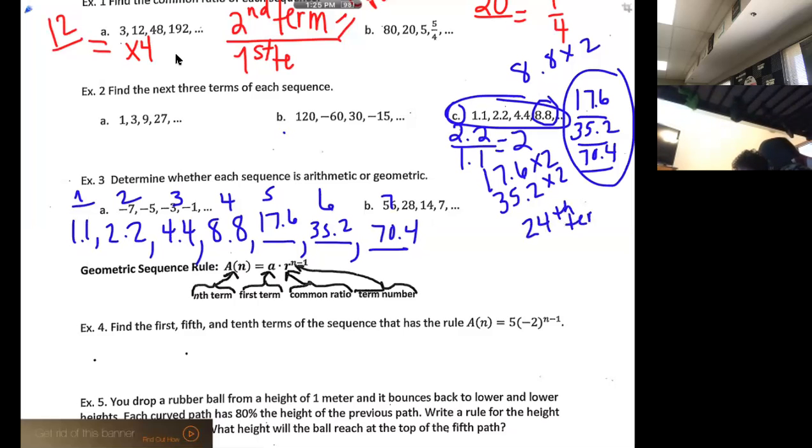You have to use a formula. Well, we could keep multiplying by 2 over and over and over again, but there's got to be an easier way. There is. It's called the formula. Let me rewrite it.